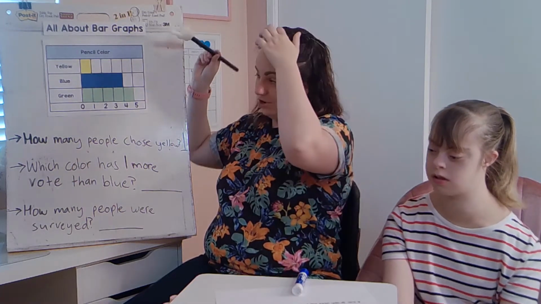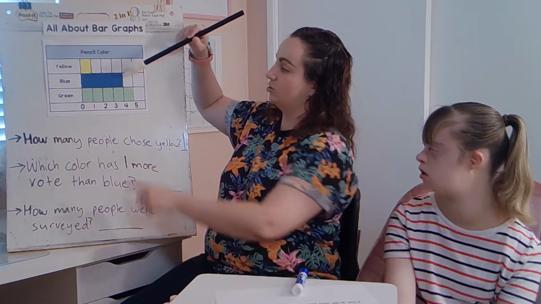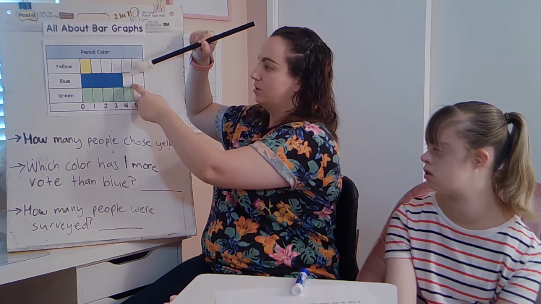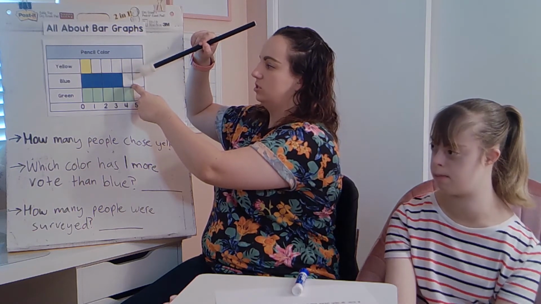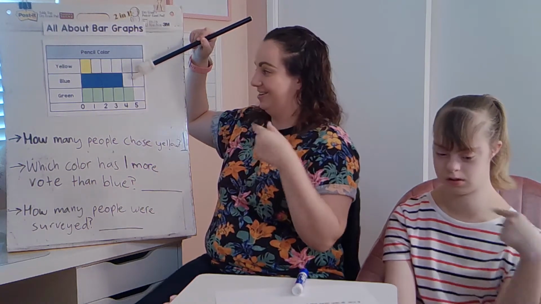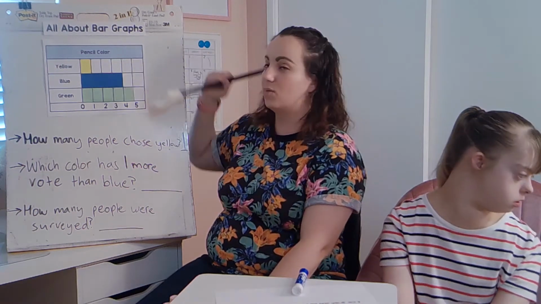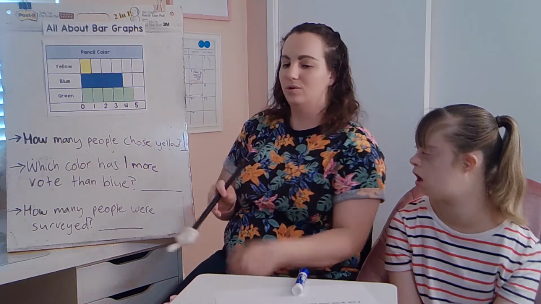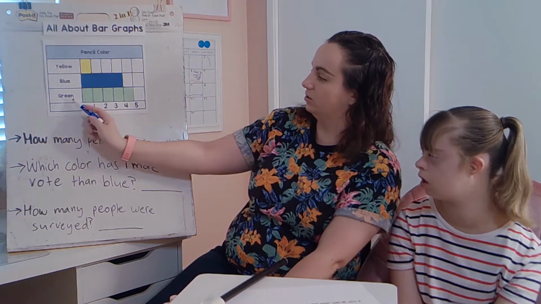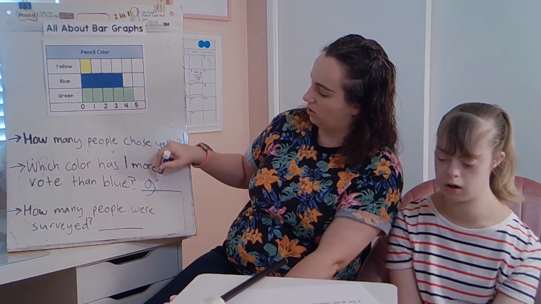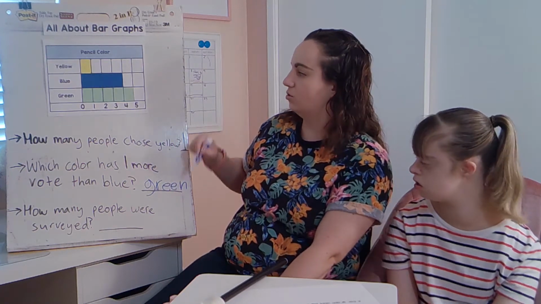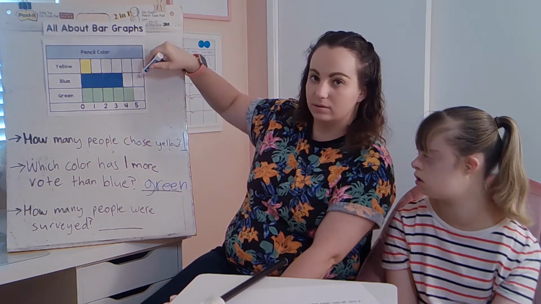Green. You look at the bars and compare. There's blue, then you go one more bar, and you see, does yellow have that many votes, or does green? It's green. We're able to use the visuals of bars to help us. So we take our writing tool and write green, G-R-E-E-N, green has one more than blue.